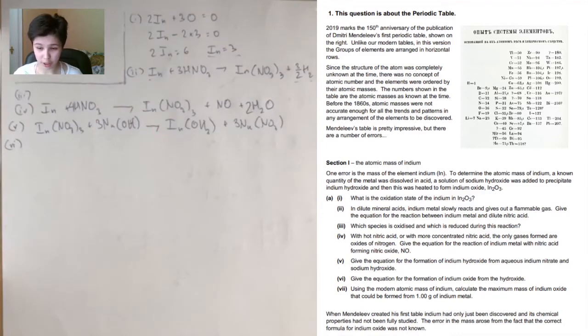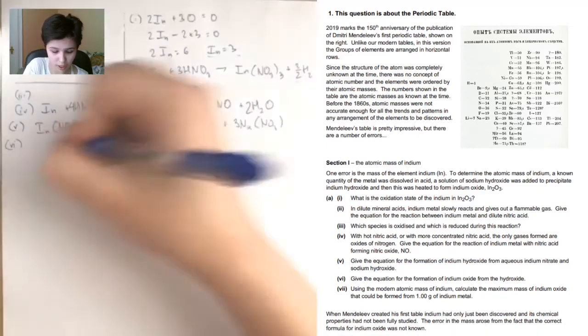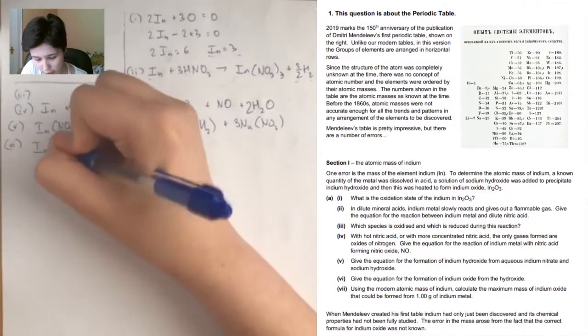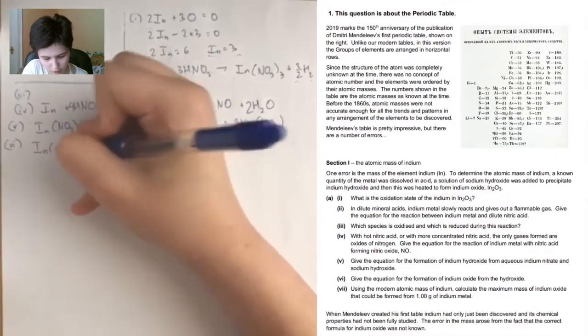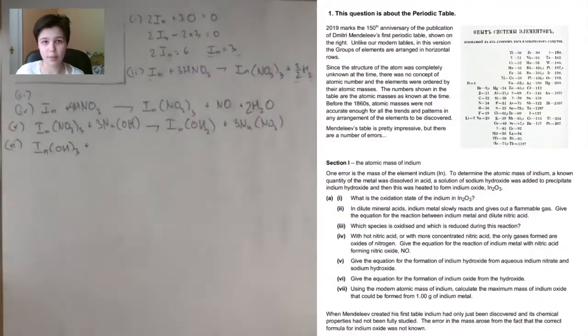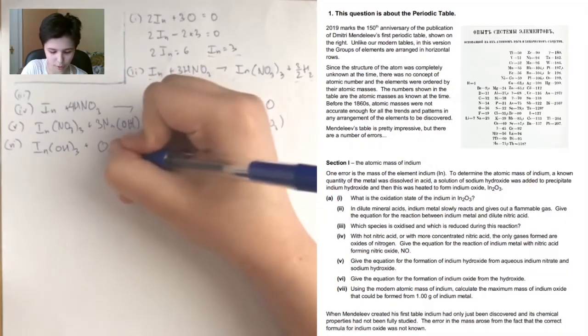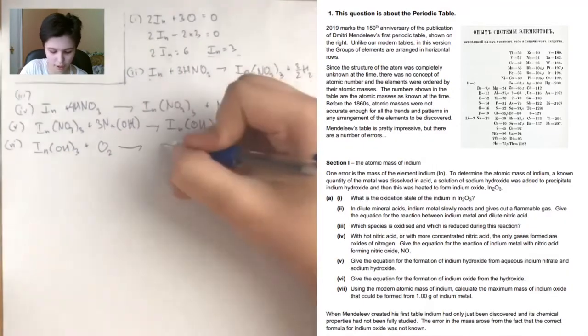Part 6: give the equation of the formation of indium oxide from the hydroxide. So just looking at the hydroxide, In(OH)3. I don't know whether there's going to be an extra oxygen added, so I'm just going to put a O2 and I'll delete it later if I need to.